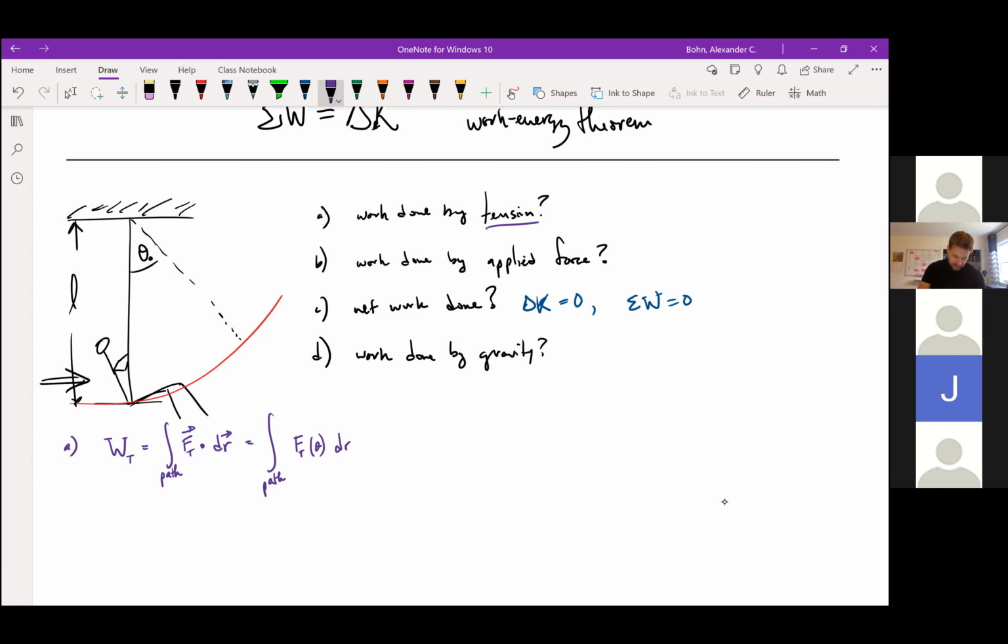And the angle between is always, because a radius and a tangent to a circle are perpendicular, zero.